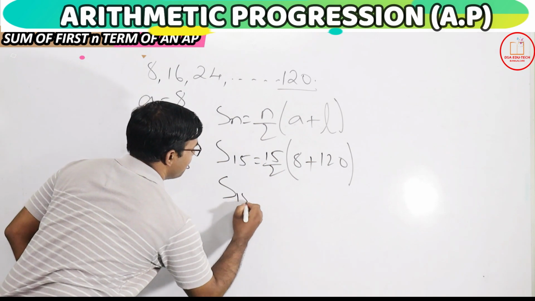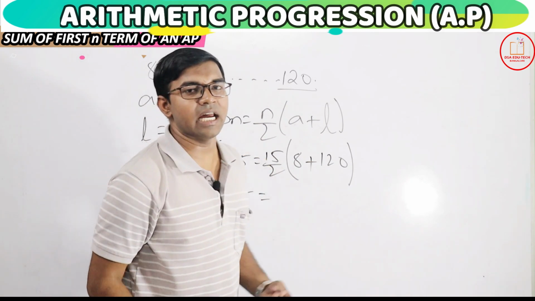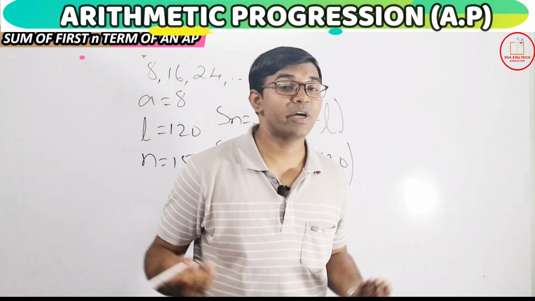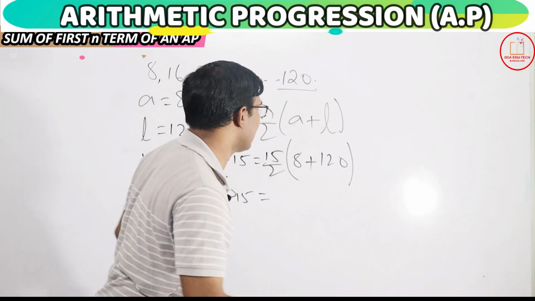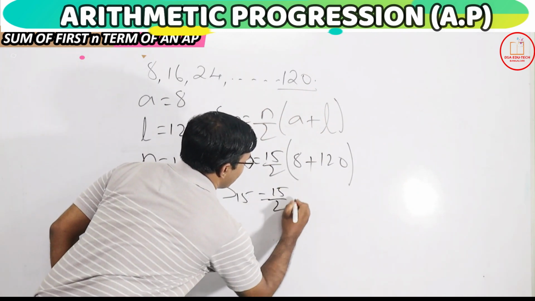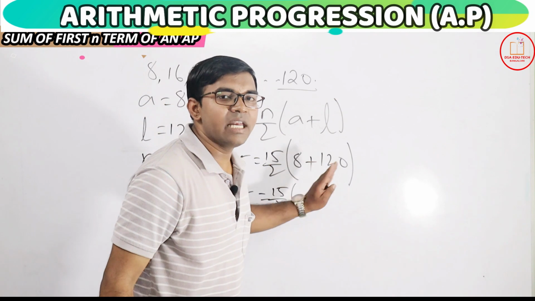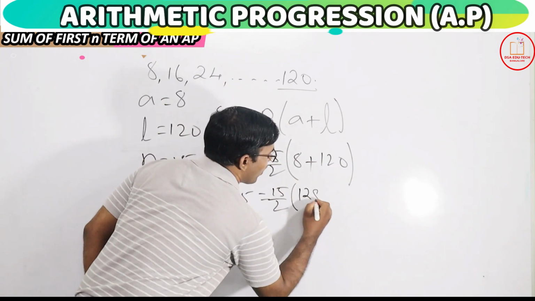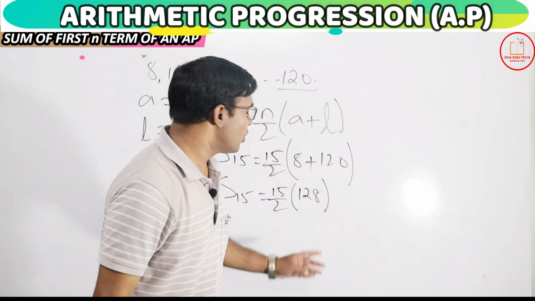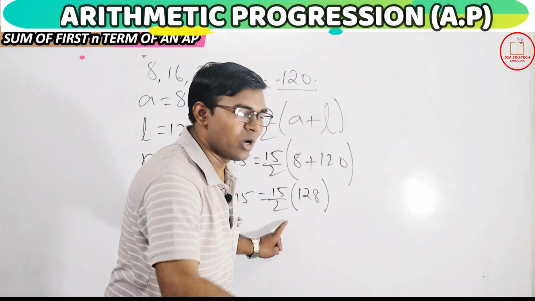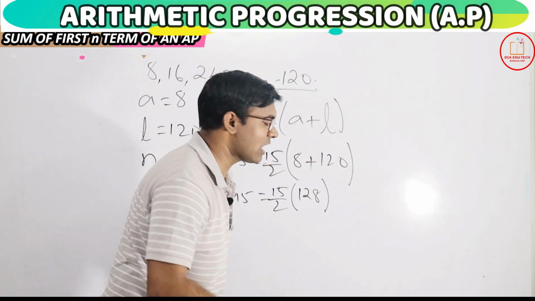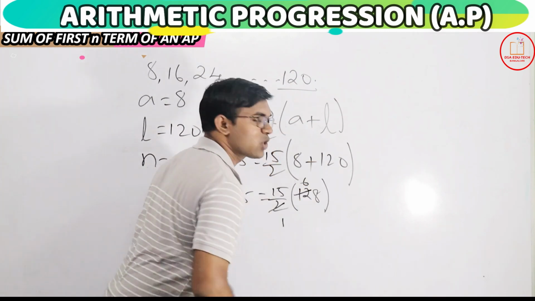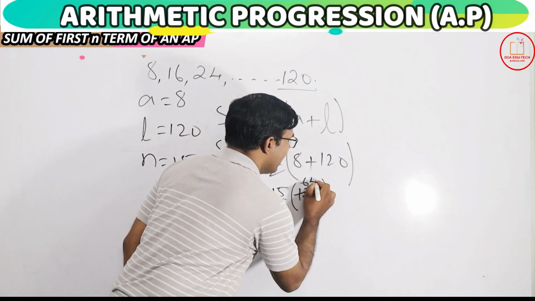So now S15 is equal to 15. Can I divide by 2? Yes sir, we can divide, but I will get a decimal number, so I don't want it. I would not touch that, so I'll write 15 divided by 2 as it is. Now 8 plus 120 is nothing but 128. Now this 2 I would use to divide this 128: 2 ones are 2, 2 sixes are 12, 2 fours are 8.